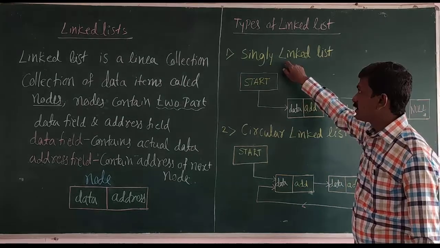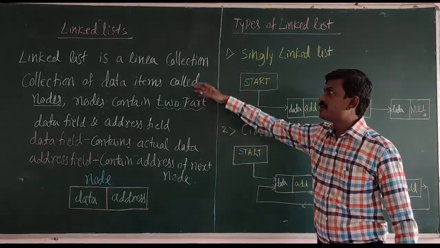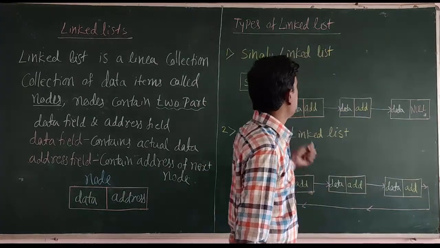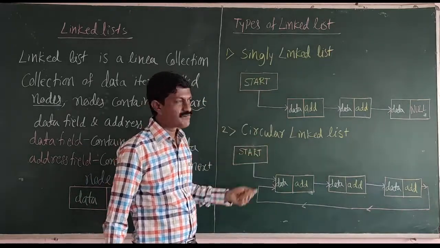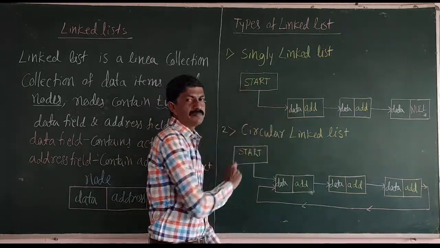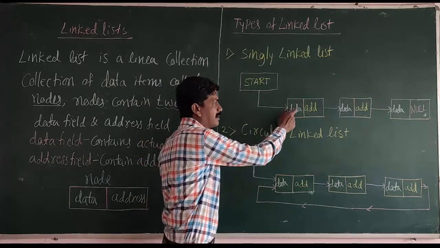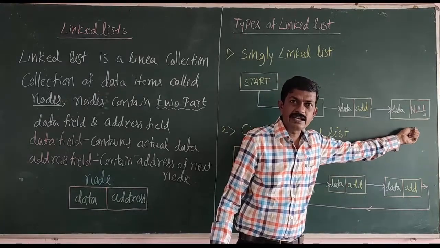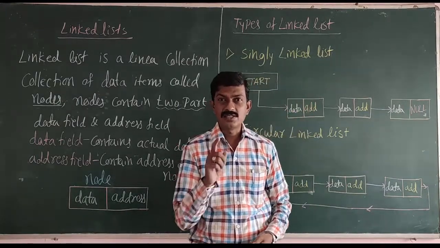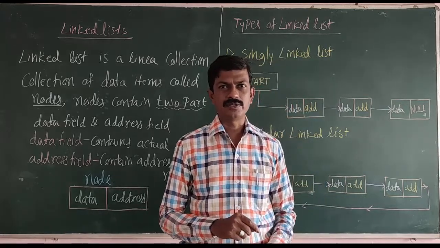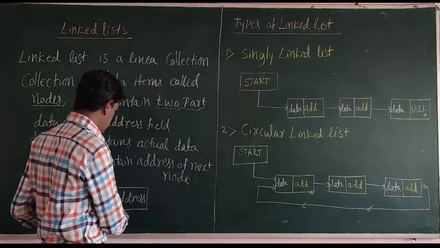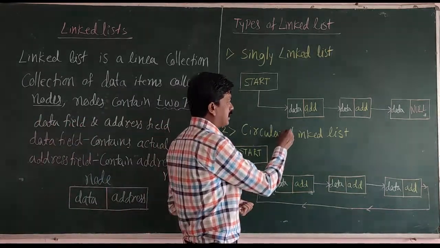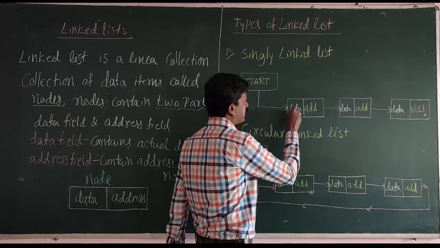That is the normal definition of a singly linked list. There are two more important points we need to remember in a singly linked list. The start pointer contains the address of the first node, and the last node's address field contains a null pointer. As I said when discussing the data field and address field, the data field contains data.